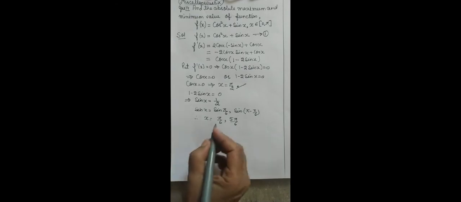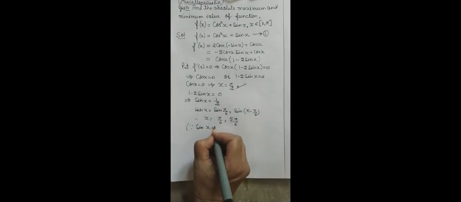This value will lie in first quadrant and this value will lie in the second quadrant. That is, x will be equal to pi by 6, and after simplifying it, x will be equal to 5 pi by 6. And we can give the reason because sin x is positive. So therefore x lies in first as well as second quadrant, because what is my interval? Interval is 0 to pi.